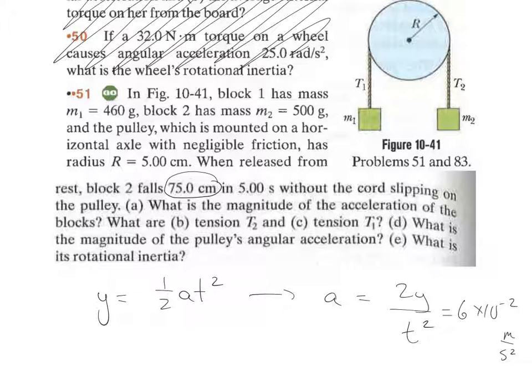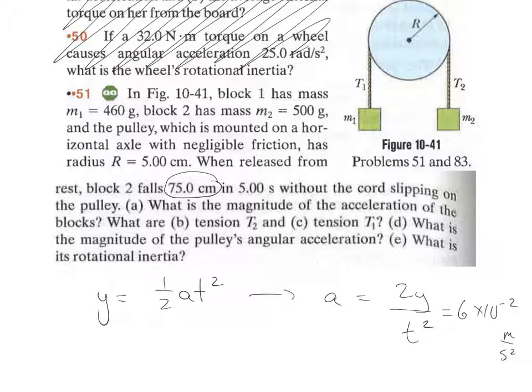6 times 10 to the negative 2? Yeah. Why did we plug in y as negative since it's moving down? It says the magnitude. Then you would write negative. Now, guys, it's a great question. Why isn't y considered negative because it's moving down? Usually with your kinematics, you make it negative, right?